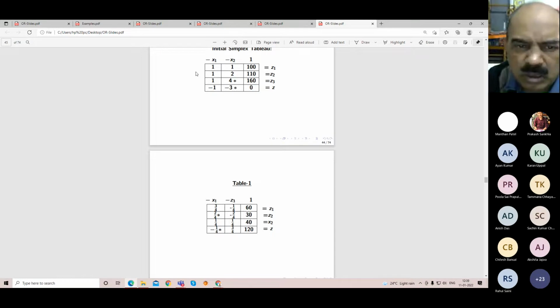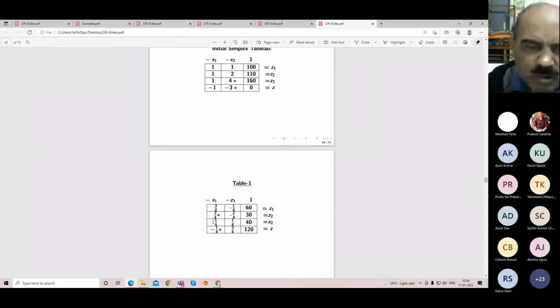Now the second row, first column element we want to compute. So 4 into 1 minus 1 into 2, that is 4 minus 2, which is becoming 2 by 4. First we computed 3 by 4, then it is 2 by 4.